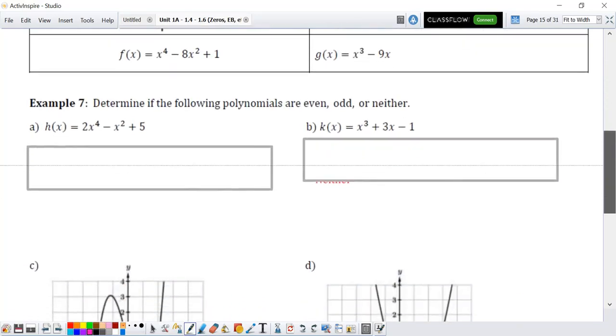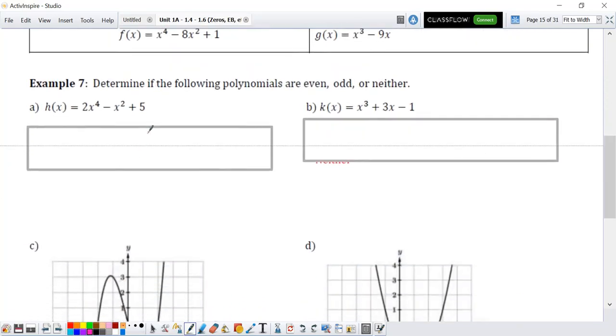Okay, so now how do you do it from the given equation? Many students are making the mistake of saying this is a fourth power, so that's why it's an even function, and this is a third power, that's why it's odd. That is not true. You must test the values.